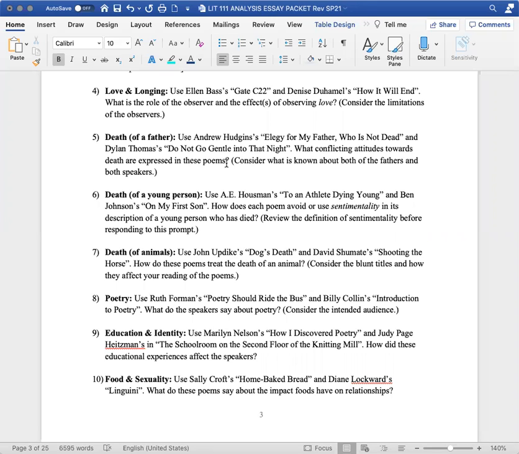And I put love in italics because what's being observed, you may or may not see it as love. It's some kind of affection or situation between a couple, I guess, of people. And I have in parentheses a little tip: think about the limitations that observers have. We talked about this with How It Will End, the fact that when you're observing someone else, there's distance between you and who you're observing.